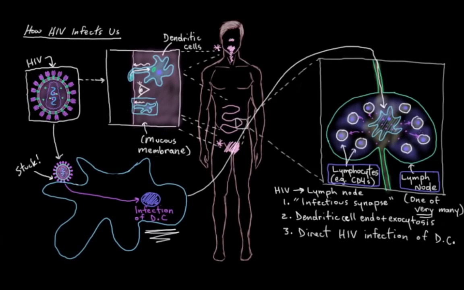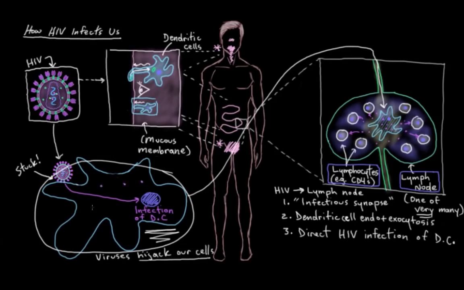But you might be wondering, how does infection of an immune cell by HIV result in more copies of HIV being made? That's a great question, and that's actually the standard way that viruses work. They hijack our cellular machinery, and they use it to create lots and lots of copies of themselves that can then leave the infected cell and go on to infect more of our other cells, to repeat the whole process.